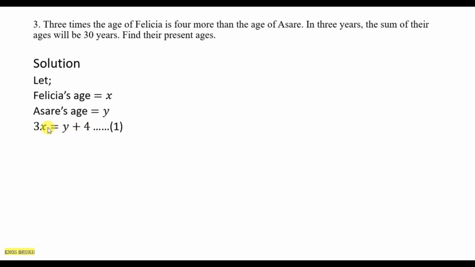Okay, so 3x should be equal to y plus 4. 3 times the age of Felicia should be equal to Asare's age plus 4.